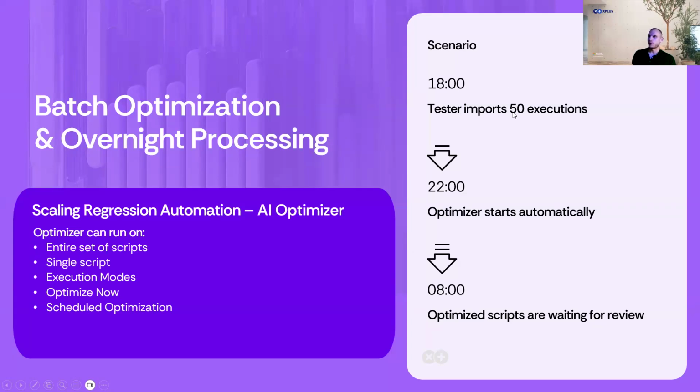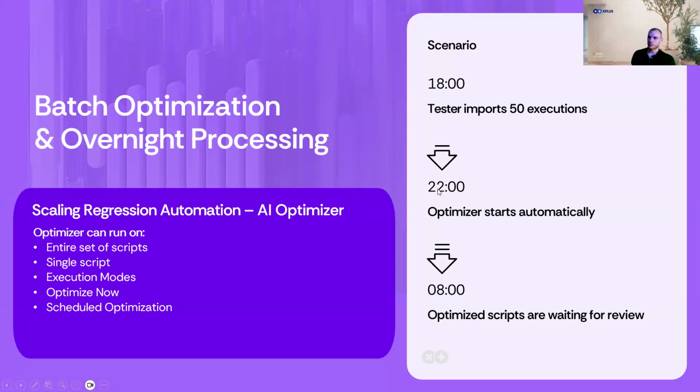When you select them, you can import all of them to the testing application. Let's say a tester imports 50 executions, 50 processes, and then you can put them in a batch for AI to optimize, to make changes in them, to find out the broken steps, the mistakes in those recordings, and automatically fix them. And by the end, those optimized scripts are waiting for the review.